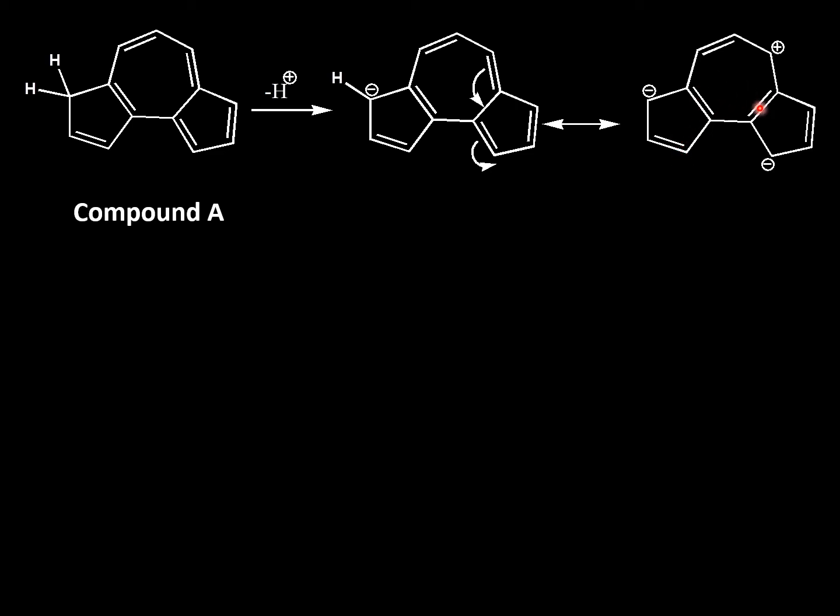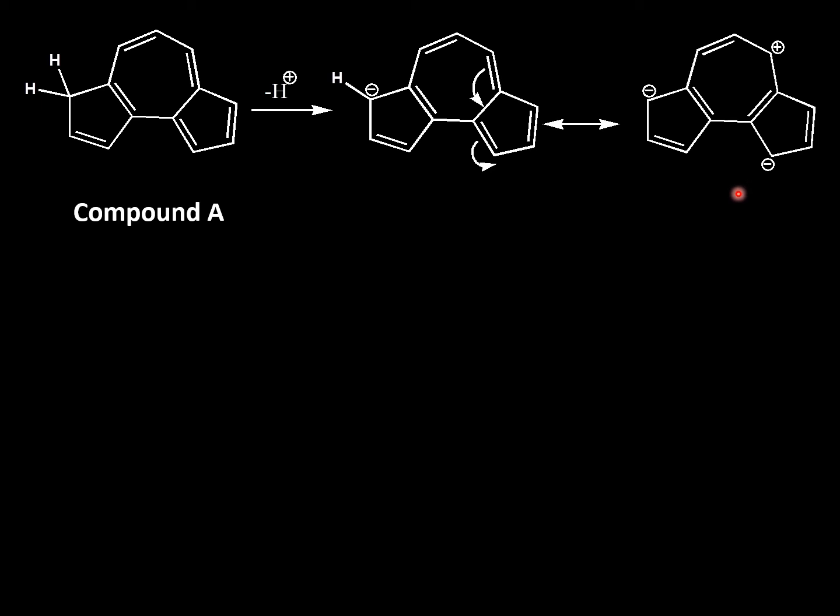Now let us see the number of pi electrons in each ring, and you can see that each ring will contain 6 pi electrons. Thereby each ring will be aromatic in character.